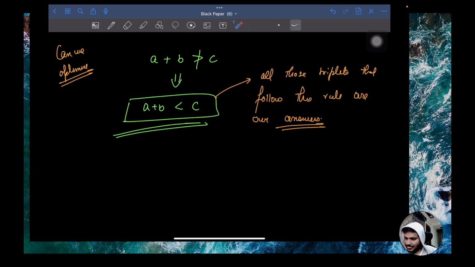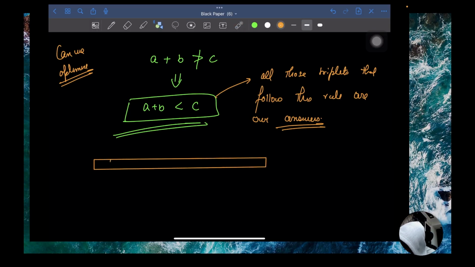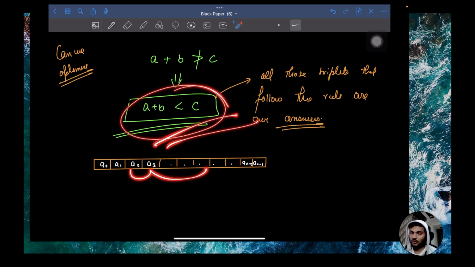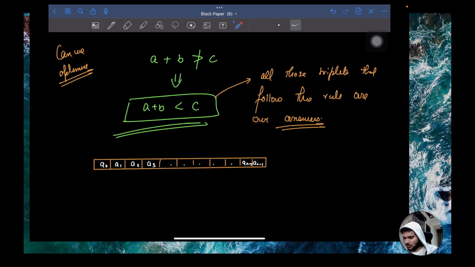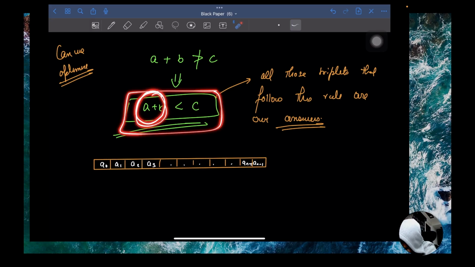Okay. Now how can we do this? We have an array. Inside that array, we need to find triplets such that they follow this condition. Now, can you see here that we need to find a pair of elements whose sum is less than the third element?